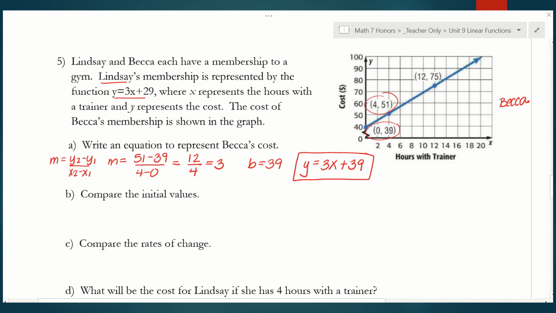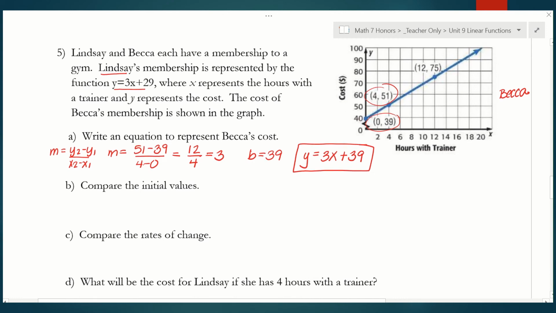Alright, so let's compare their initial values. Looking at Lindsay's equation, her initial value, her b, is 29. And looking at Becca's, her initial value is 39. So what does that mean?